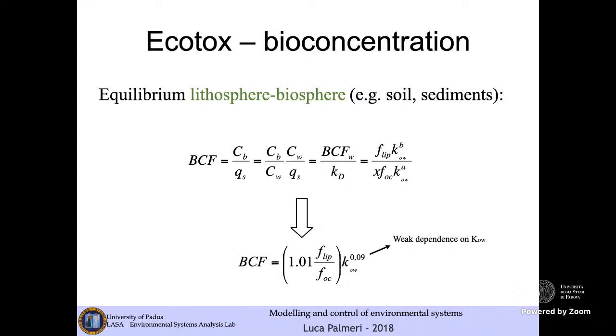So this is the interaction between lithosphere and biosphere, and it is very simply described by the ratio between the lipid fraction and the organic carbon content of the solid, and the dependence on the KOW, that is a characteristic of a toxic substance, is quite low. What does this tell us?